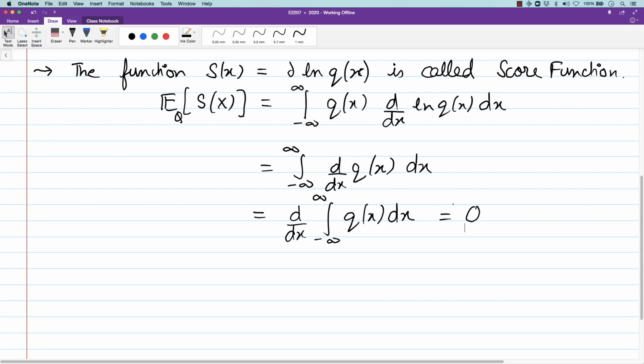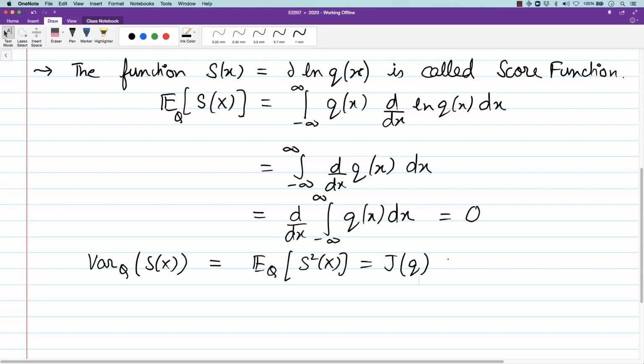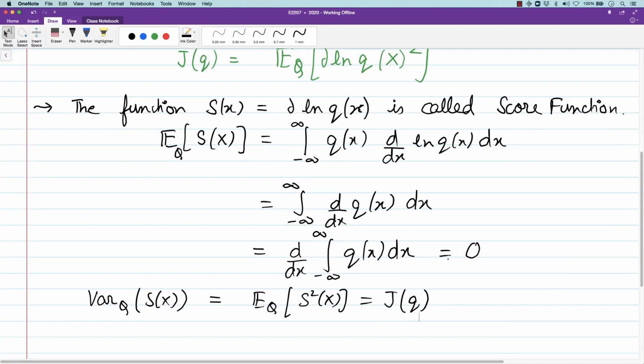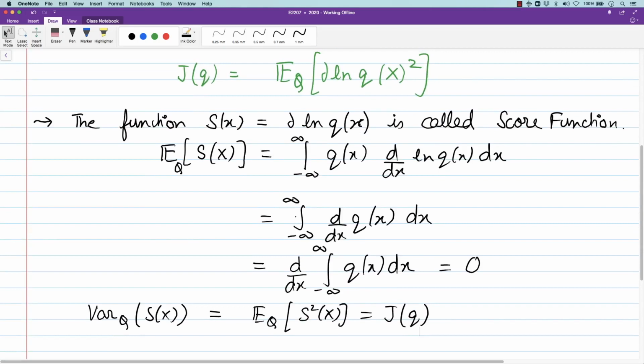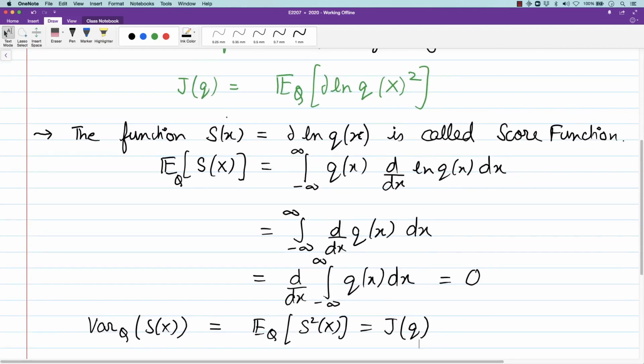So the score is a zero mean random variable, and therefore its variance under Q is the expected value under Q of S squared(X), which is exactly what we are calling the Fisher information of Q. Score function is a zero mean random variable, and its variance is called Fisher information.